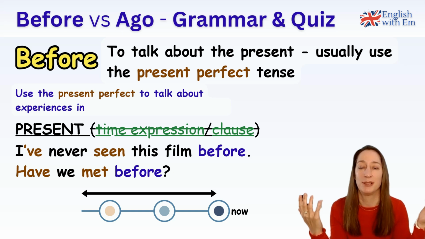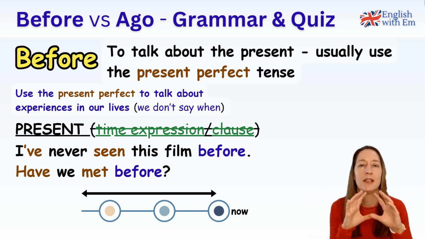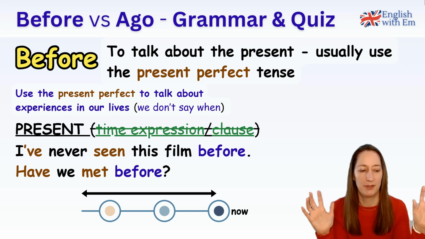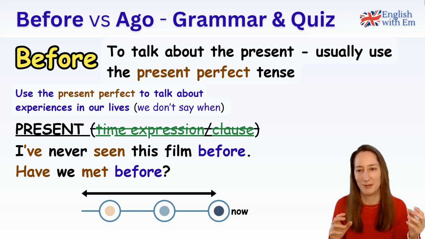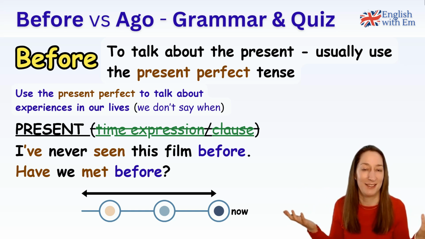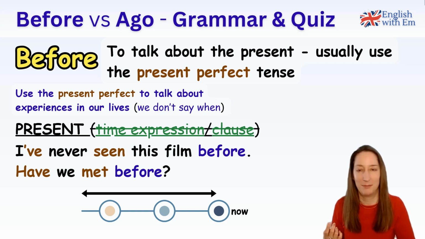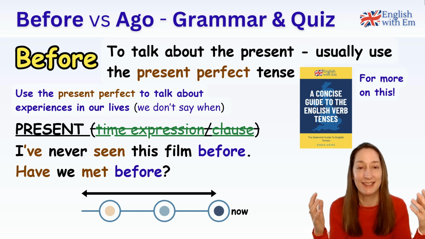So we use the present perfect to talk about experiences in our lives, and we don't say when the experience happened. So it fits very nicely with before, because with before we're referring to an unspecified time at some point before now.